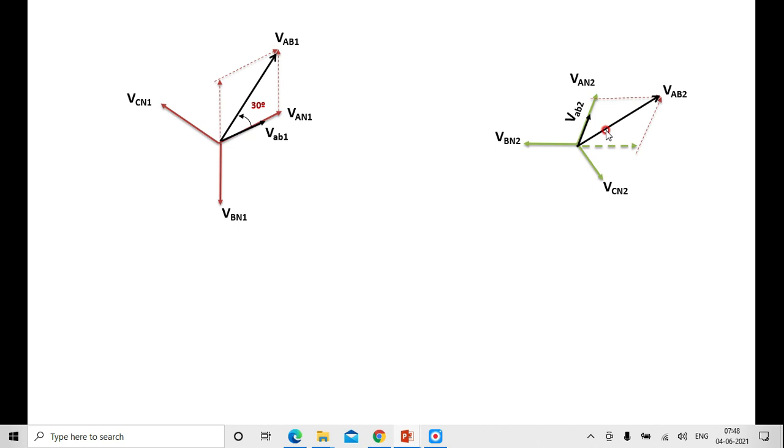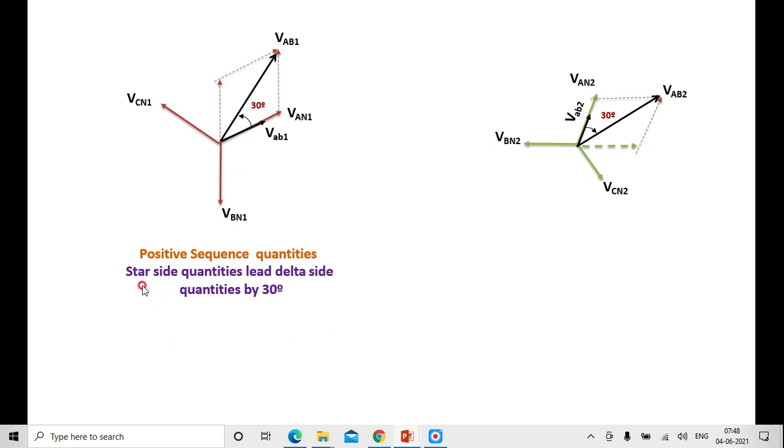You can see here, it is 30 degrees. Whereas in the positive sequence, the line to line voltage in the star leads the delta connected line to line voltage by 30 degrees. That is what we call the phase shift in a star delta transformer for positive sequence and negative sequence voltages and currents.